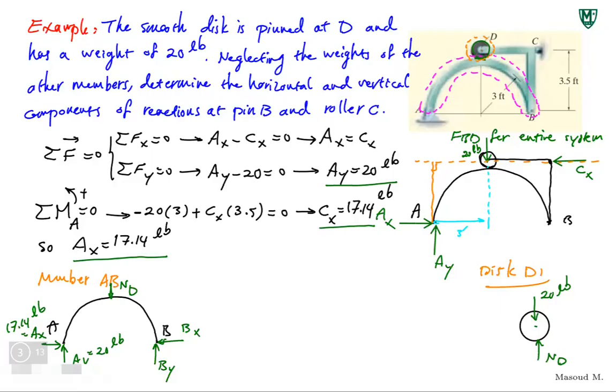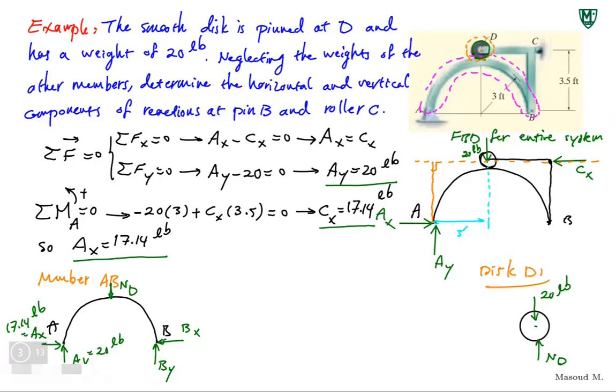I got point D. Well, let's not jump to conclusions. Let's take a look at the free body diagram of disk D. I should have drawn that first. So 20 pounds downward. A reaction coming from the smooth contact between AB and disk D, so ND. Now we have this pin here, pin D.